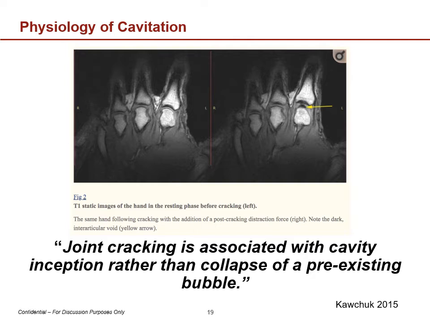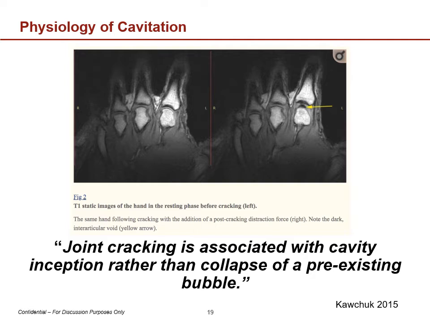Okay, according to Kawchuk in 2015, joint cracking is associated with cavity inception rather than collapse of pre-existing bubbles. In previous literature, the hypothesis had been that the sound, the cavitation, the pop, occurred when the bubble collapsed.